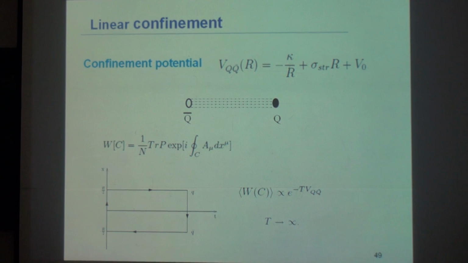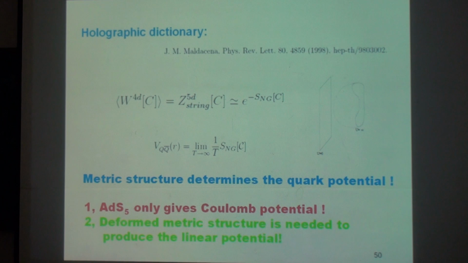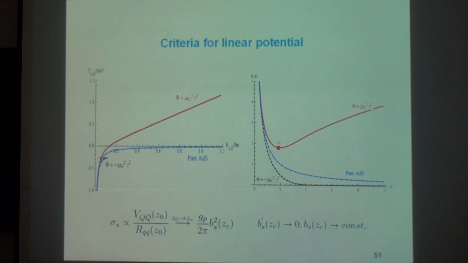But in this framework, if we solve out this metric self-consistently, then we can get this linear confinement for the heavy quark potential.